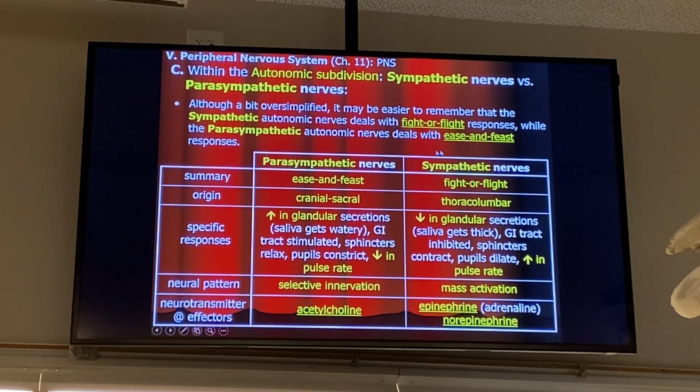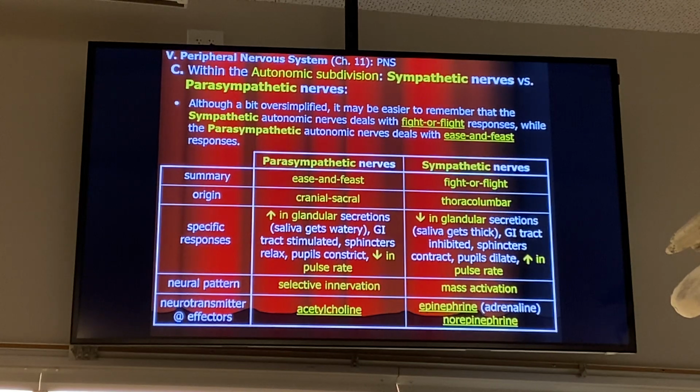All right, what this is showing you is a review of anatomy, fight or flight, or rest and digest. You should write next to where it says origin: where preganglionic axons come out of the CNS. Second row, origin means where do the preganglionic axons, the blue ones, come out of the CNS?